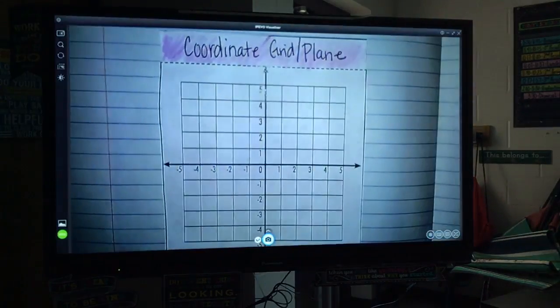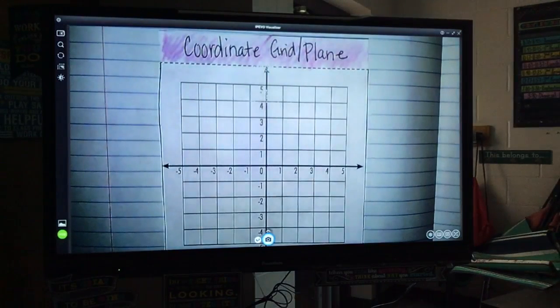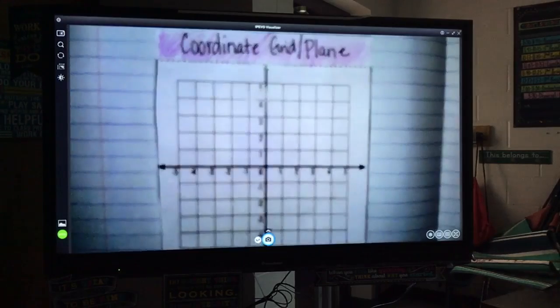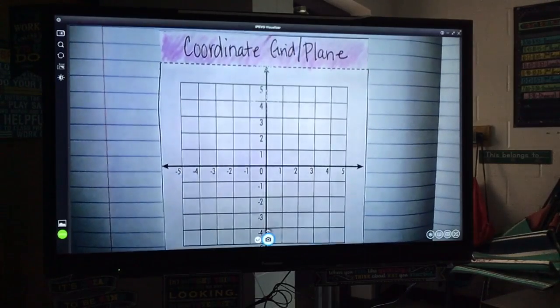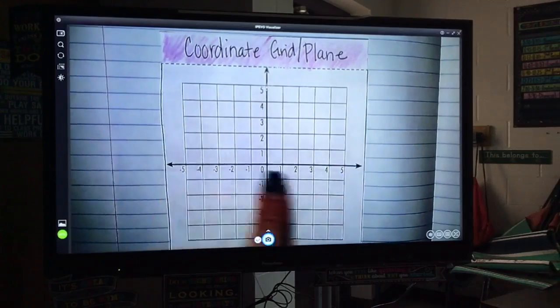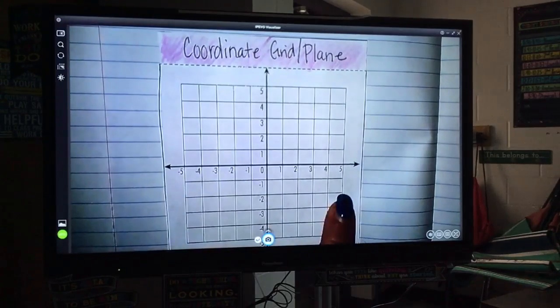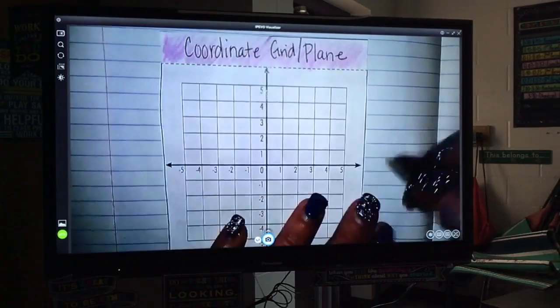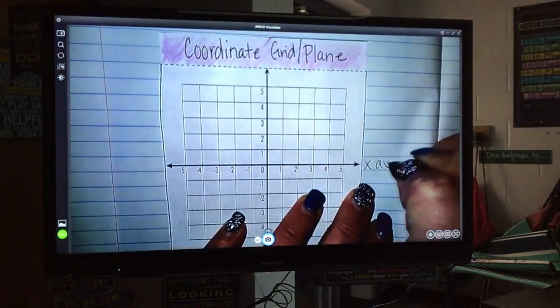All right, so it told us that we have two number lines that divide it into 4 sections essentially. So with that being said, what is our horizontal line? Cooper. This is our x-axis.